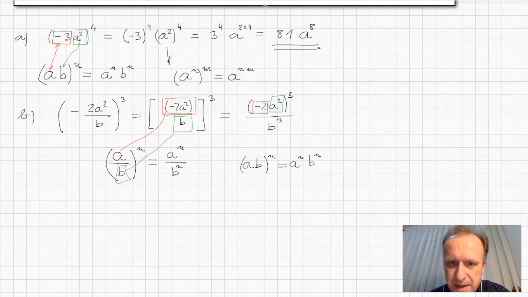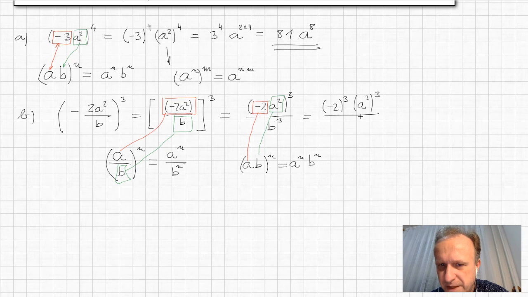This time a is negative 2 and b is just a squared. So you can see that this is minus 2 to the power of 3 times a to the power of 2 to the power of 3 divided by b to the power of 3.